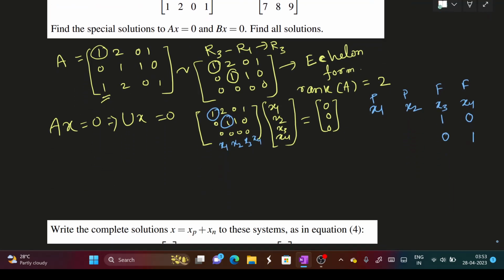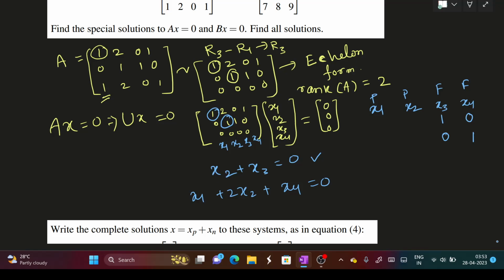From here we have the equations x2 plus x3 is equal to 0, then x1 plus 2x2 plus x4 is equal to 0. These are the two equations. Now in this equation we substitute the x3 value to get x2.